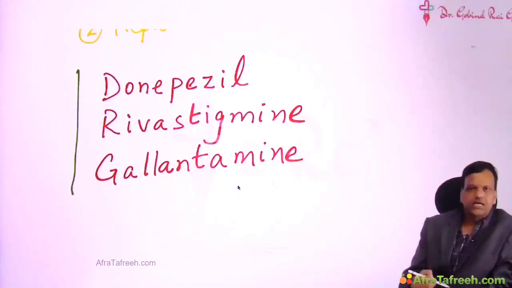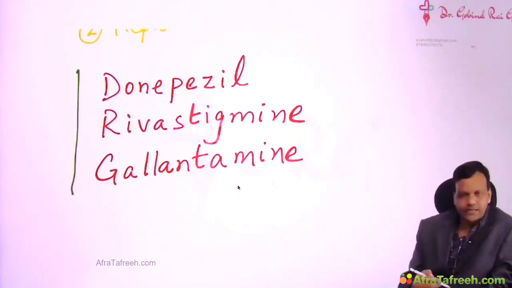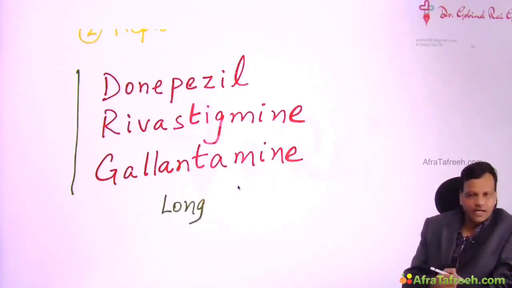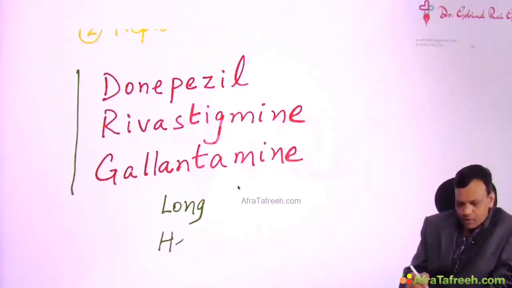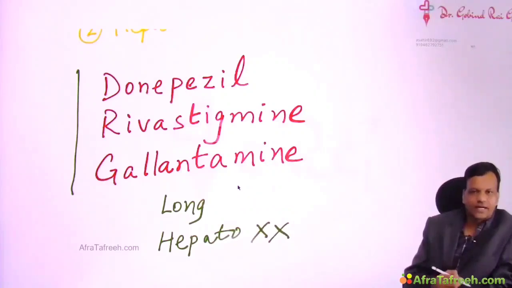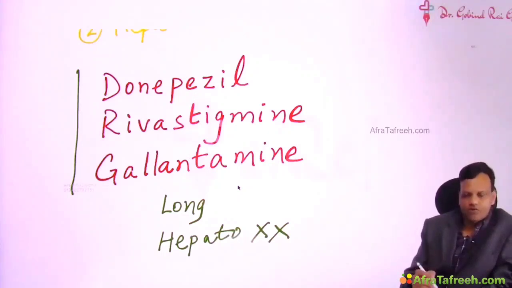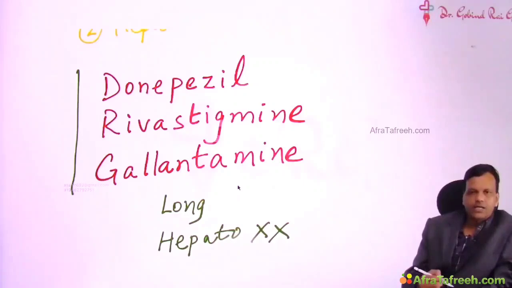Like tacrine, these have 99% entry in the brain. But unlike tacrine, these are long acting, so they can be given once a day or maximum twice a day. And second, they are not hepatotoxic. So in simple language, they contain the advantages of tacrine but not its disadvantages. Because of this, donepezil, rivastigmine and galantamine are now the drugs of choice for Alzheimer's disease.